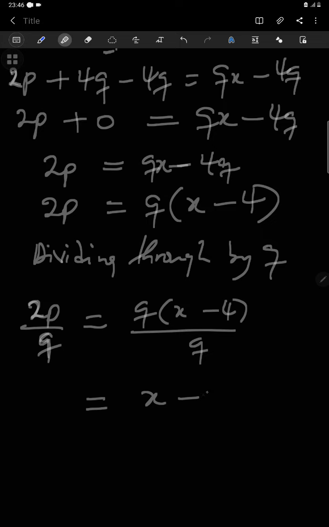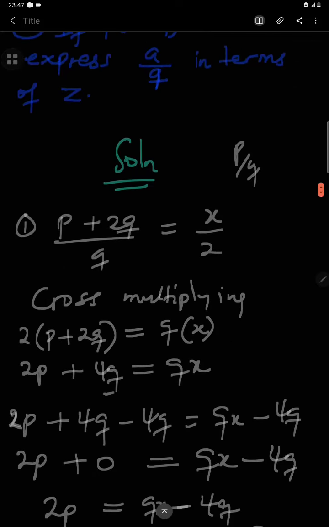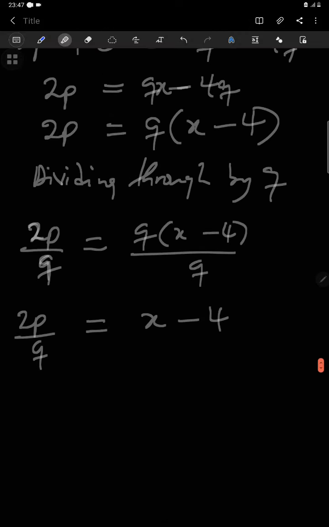We can write it as x minus 4 equals 2p over q. Now the question didn't say we should make 2p over q the subject. It said we should make p over q. So I need to get rid of this 2. I can multiply both sides by half.